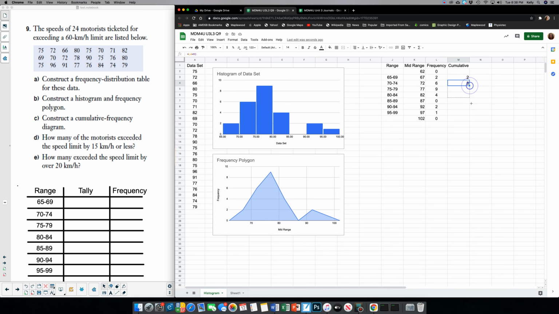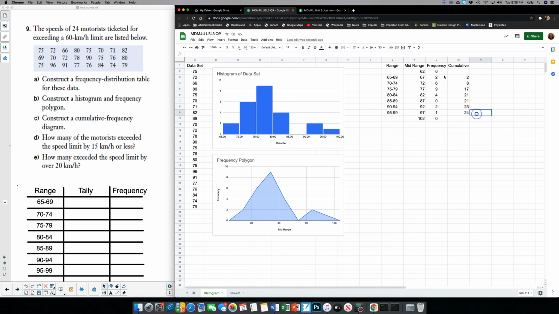And then pull this down. Now we can see that it's going up every time, and if you want to double check, 2 plus 6 is 8, 6 plus 9 is 17, and so on. 17 plus 4 is 21, 21 plus 0 is 21, etc.